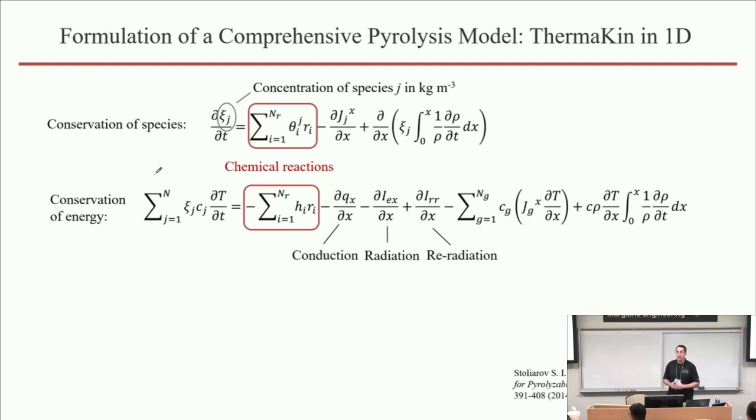You also have conduction, radiation and re-radiation, and the last two terms in this heat transfer represent the exchange of energy between the solid matrix and the outside source of energy. You have gas transport inside the solid, movement of the gaseous species, although sometimes we can apply this transport equation to non-gaseous species as well, and this transport can move your component inside the solid, and it can also move heat inside the solid at the same time.